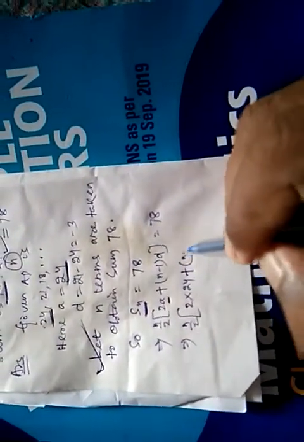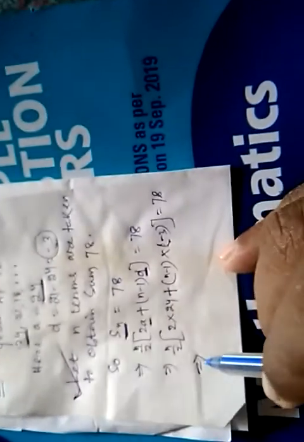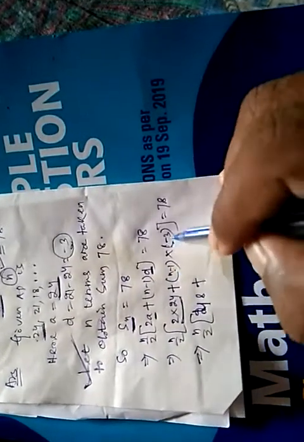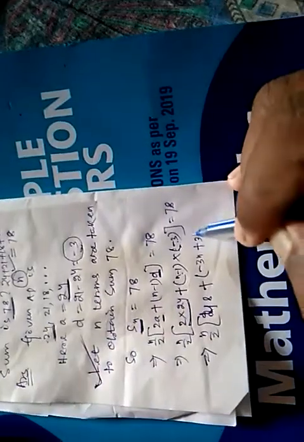That you write here, 24 plus n minus 1 into this d. d means you have already calculated minus 3. So minus 3 is negative, that's why put it in the bracket, that is 78. So this implies n by 2 into 2 times 24, how much? 48 plus, now n minus 1 will be multiplied with minus 3, minus 3n plus 3, that is equal to 78.